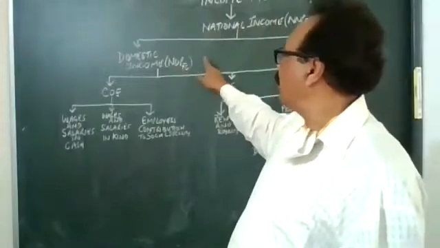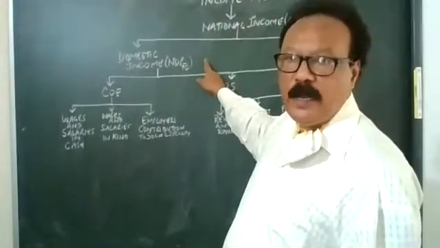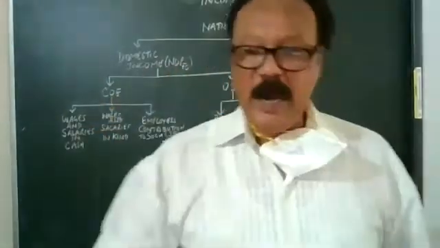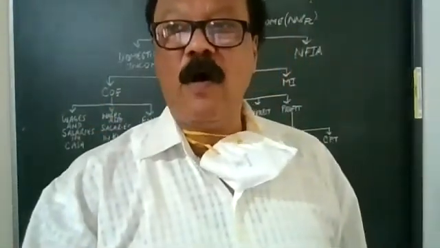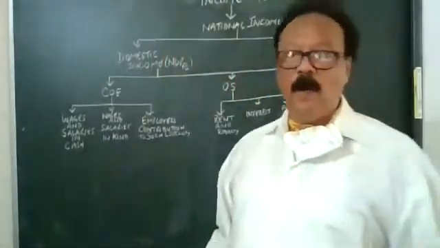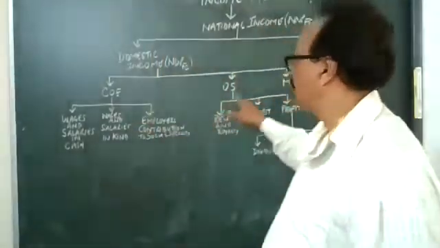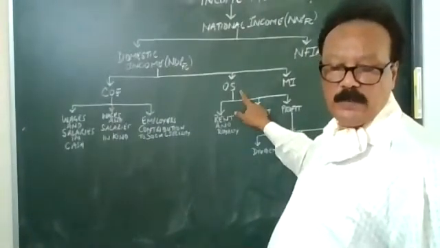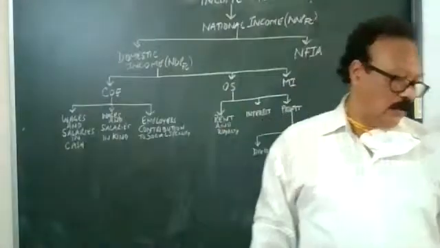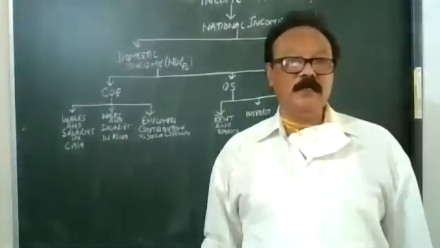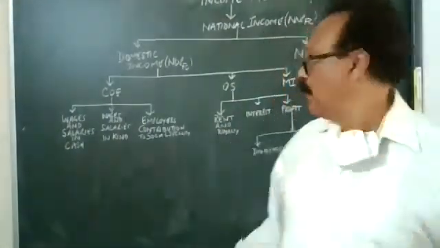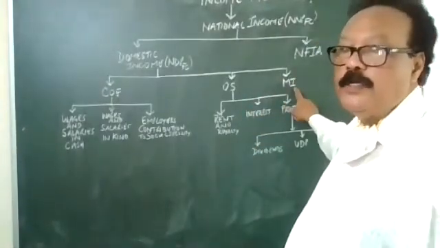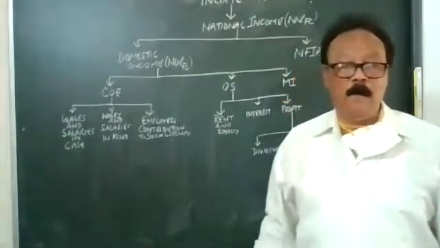NDP at factor cost is equal to, please write down, COE, that is compensation of employees, plus OS, operating surplus, and third, MI, which is mixed income.